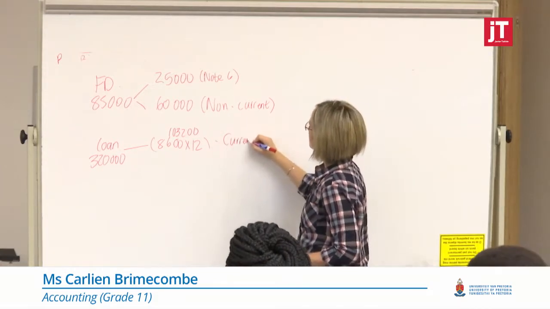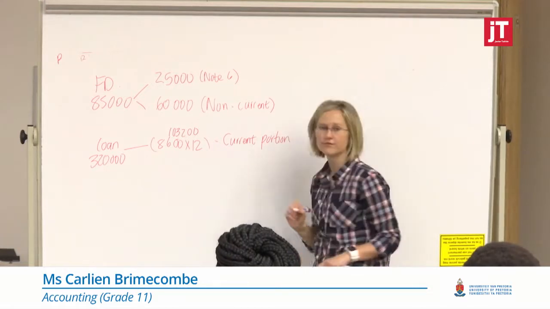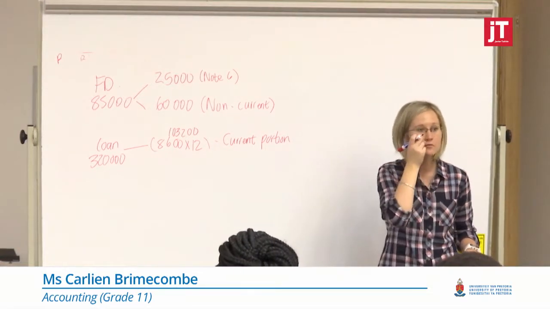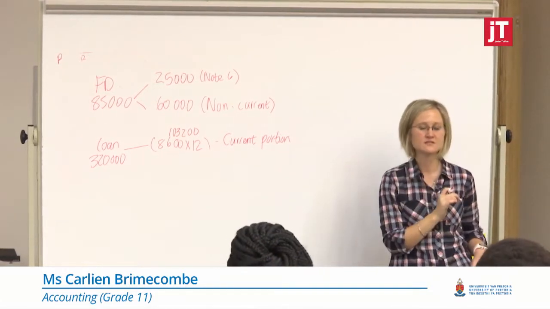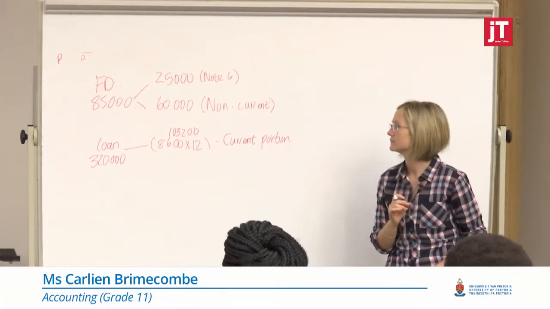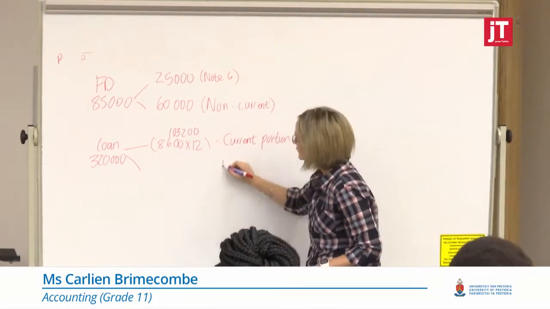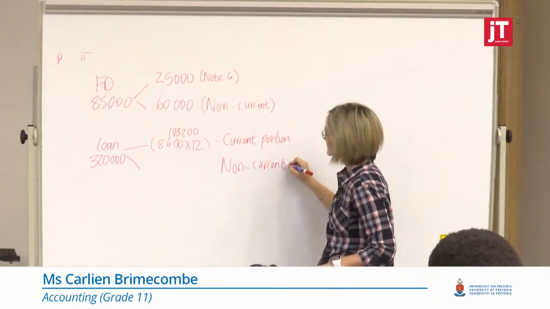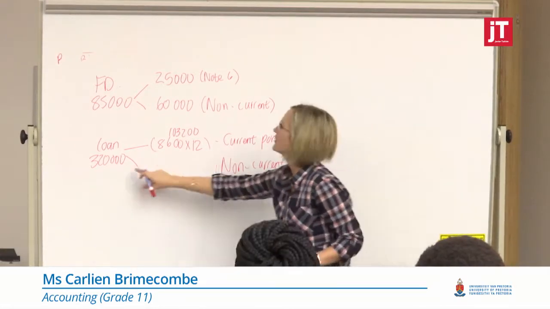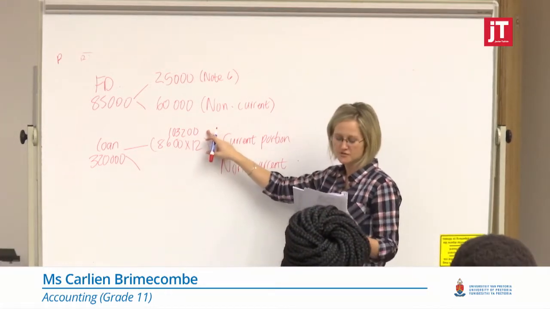To current portion of loan. And that forms part of what? Current liabilities. So that means the difference will still form part of your non-current liabilities. So what is 320,000 minus 103,200?